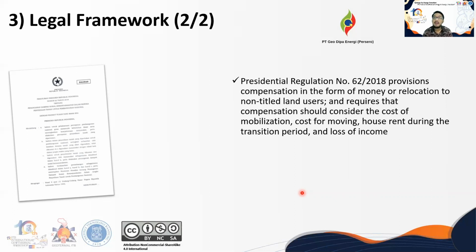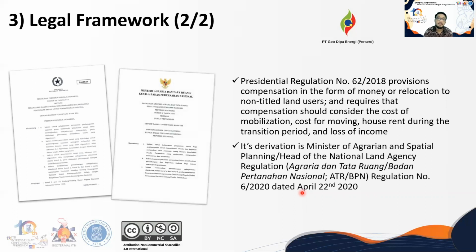It also requires that the compensation itself should consider the cost of mobilization, cost of moving, house rent during the transition period, and the loss of income of the affected people. Its derivation, the Minister ITR BPN Regulation number 6/2020, is actually barely new, having been issued on April 22nd, 2020.